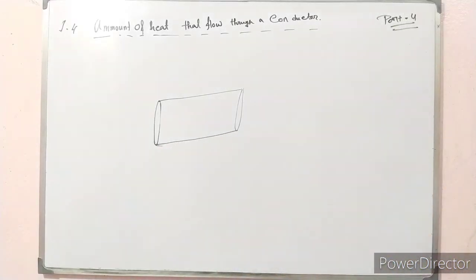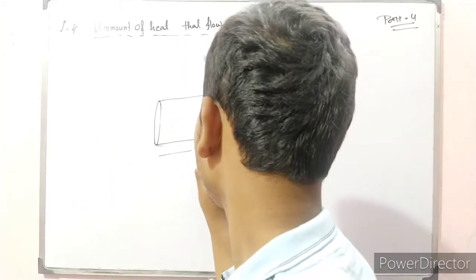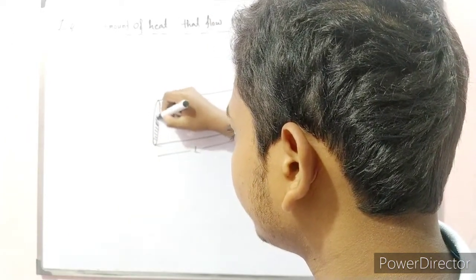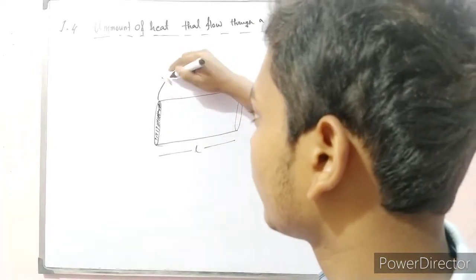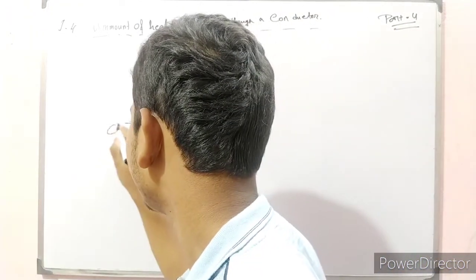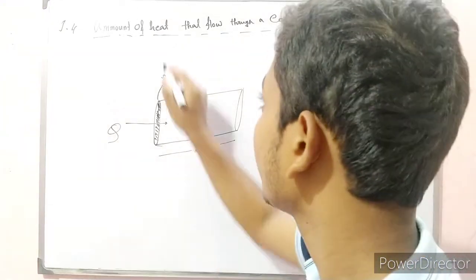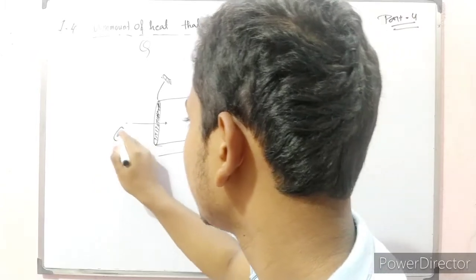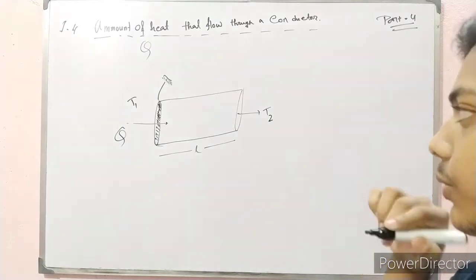I will take a conductor here, with length L and cross-sectional area A. The amount of heat is Q, and the temperature at one end is T1 and at the other end is T2.